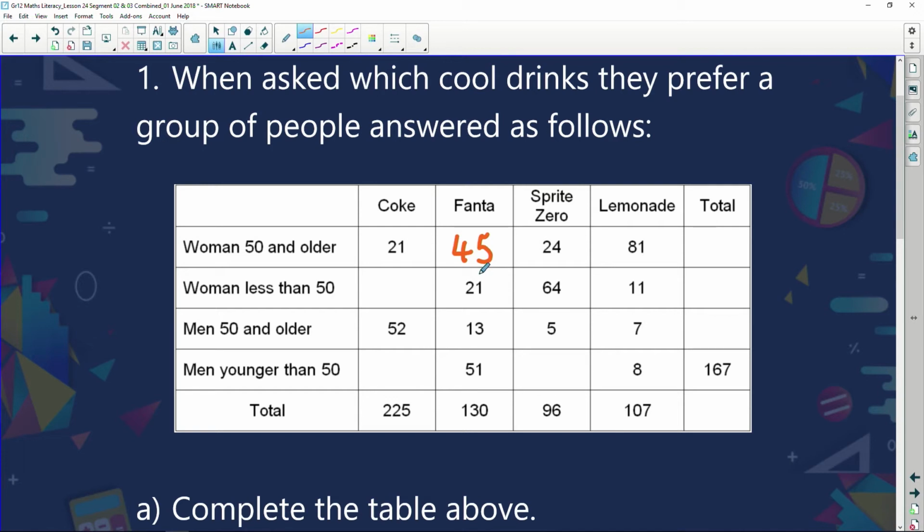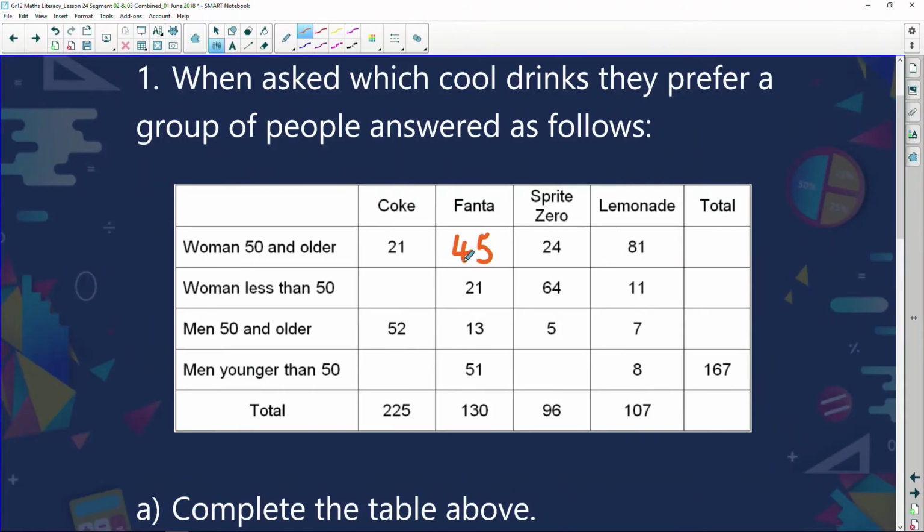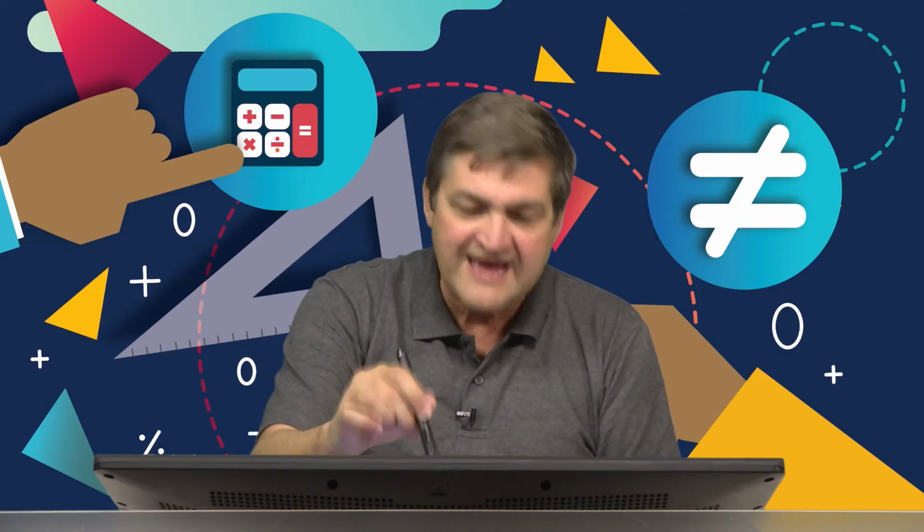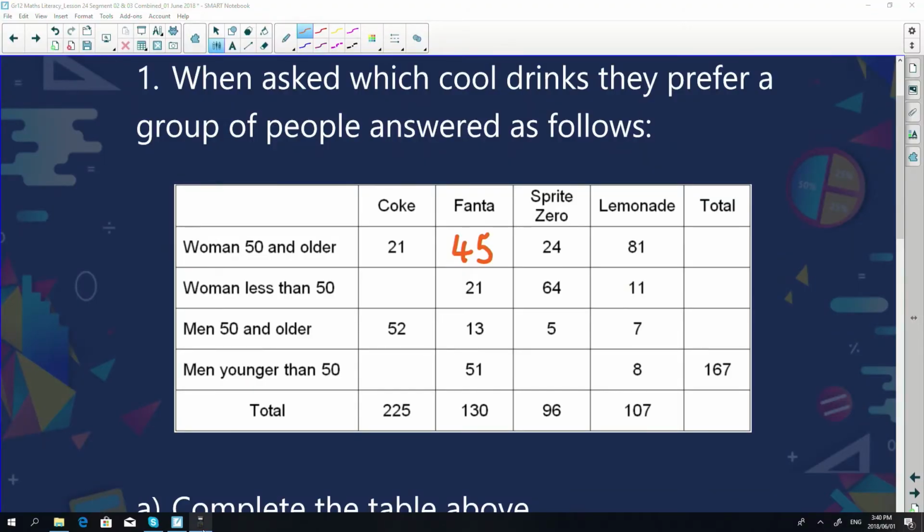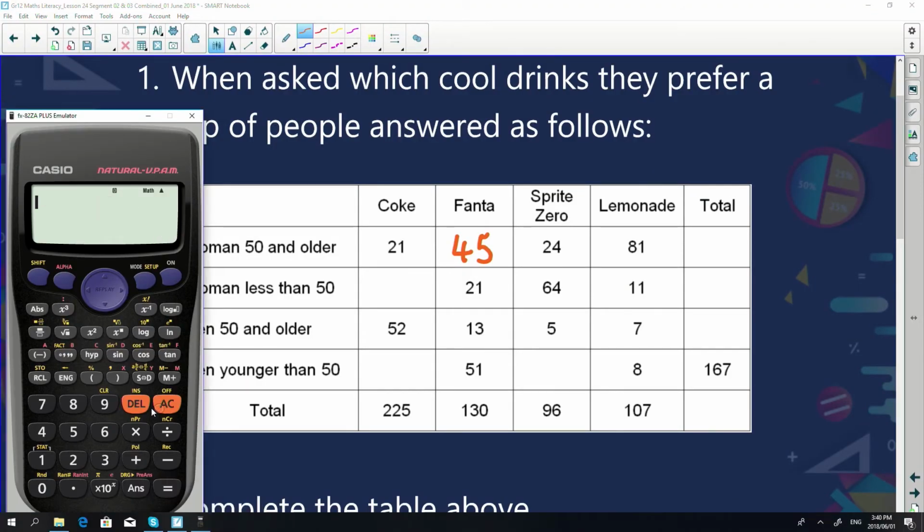Now this is where it gets so exciting, because now I can see, I've filled in this value. So now this line only has one missing value. I can find that because I know that value. So let's add it up, shall we? So I'm going to say, right, so clear our calculator.